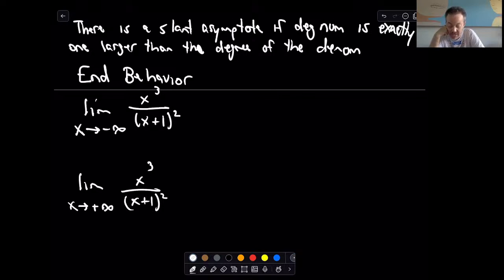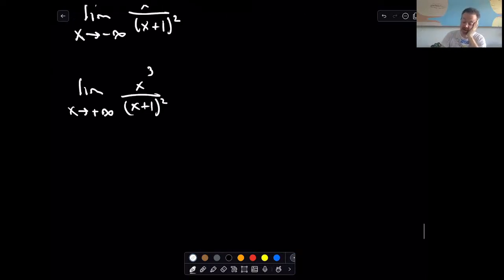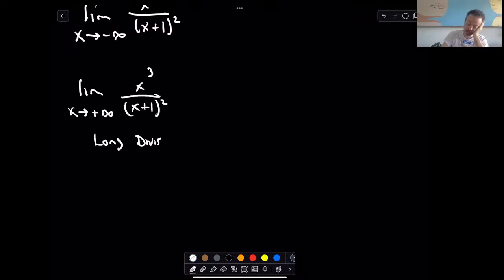So the idea is, you could take limits. To compute these limits, you could use L'Hopital's rule, if you've seen L'Hopital's rule. Another way you can do this is to find the asymptotes with long division. I don't know if I need to do this all the way out. I would prefer not to.